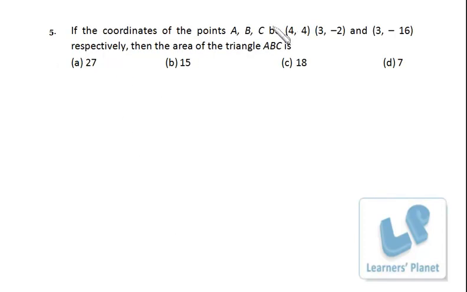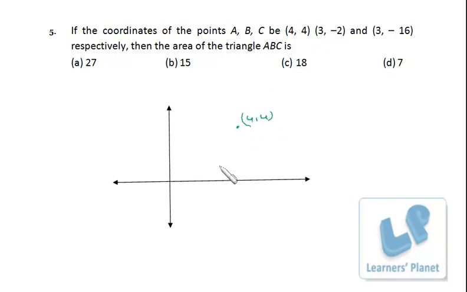If the coordinates of these points are respectively given, find the area of the triangle ABC. One more problem we try in a similar manner. Definitely the determinant method can be used, but you should practice with this method also. Whenever you have some simple data, you can use this method. So 4 and 4, 4 and 4 somewhere here.